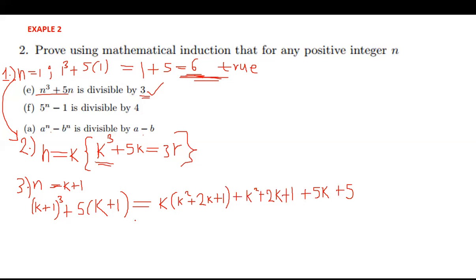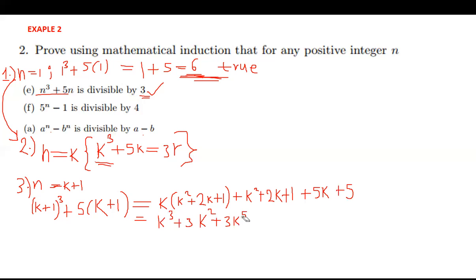When I simplify this part, I'm going to get k to the power 3 plus 2k squared. So 2k squared plus this k squared gives 3k squared. And then k times 1 gives k. K plus 2k, I'm going to have plus 3k.